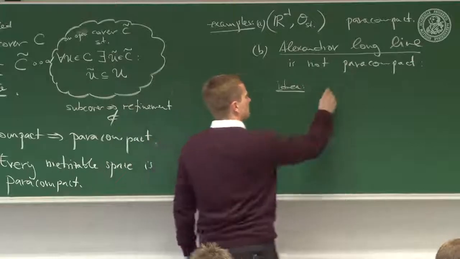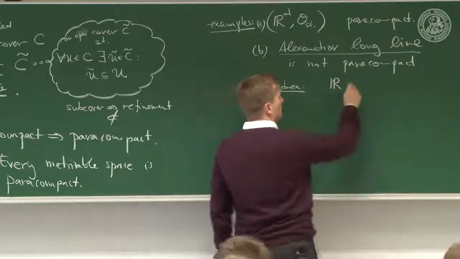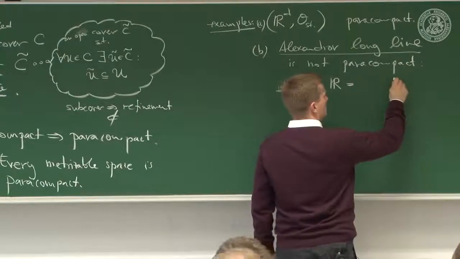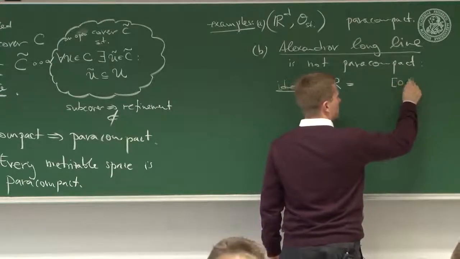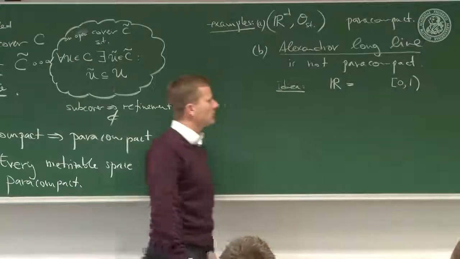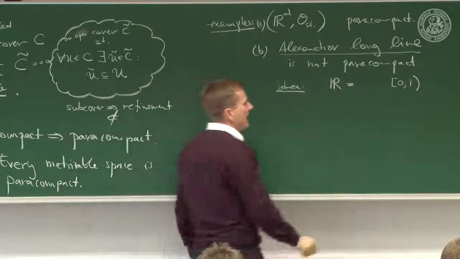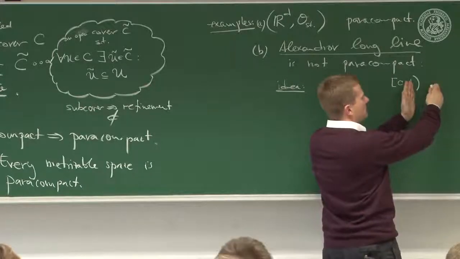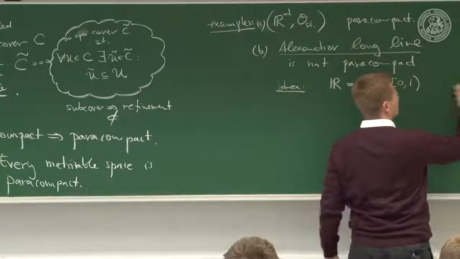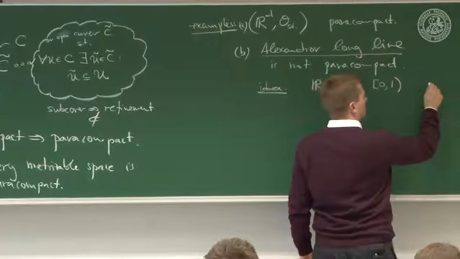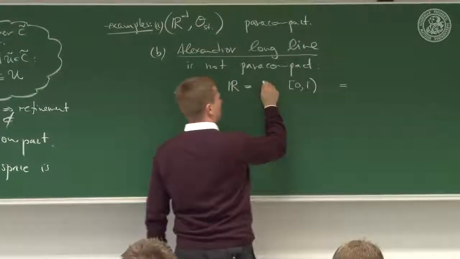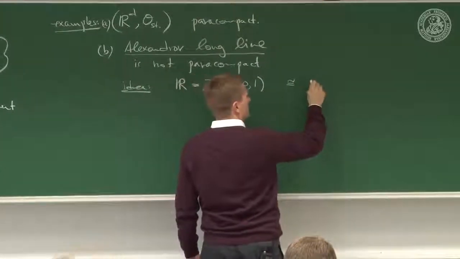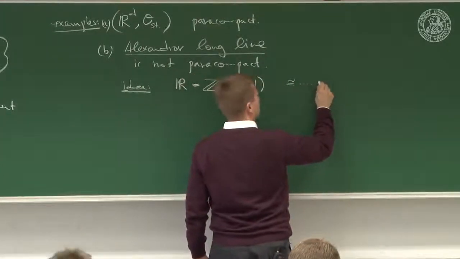The idea is that the standard real line can be understood as taking the interval from 0 to 1, left closed, right open, and then attaching another one to it, and another one to it, and another one to it. So take many of those, indexed by Z, which intuitively looks like this.